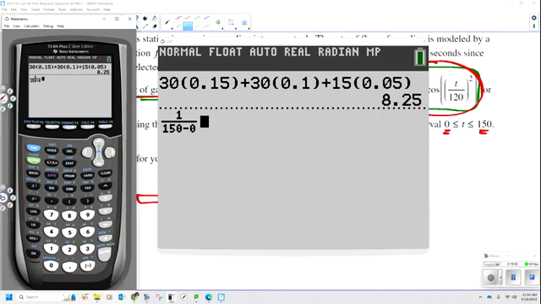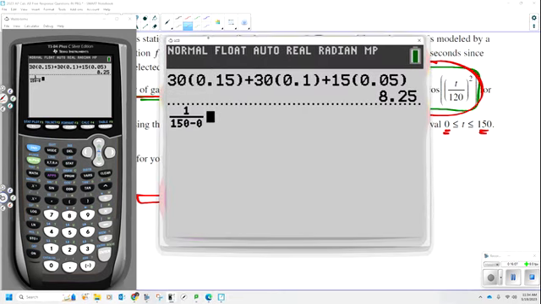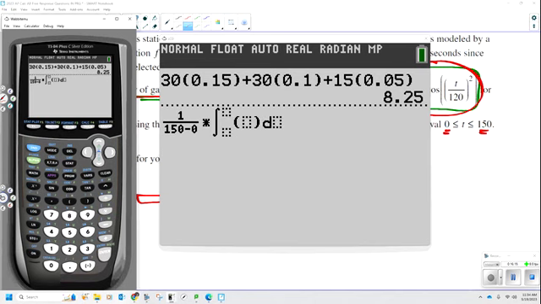Sure you can. But I let the calculator do all of the calculations, even though 150 minus 0 is 150. You'll get the same answer. I just like to type it in exactly as I have it written, okay? With the exception of G of T won't be there, the actual equation will be there. Times math 9 from 0 to 150.